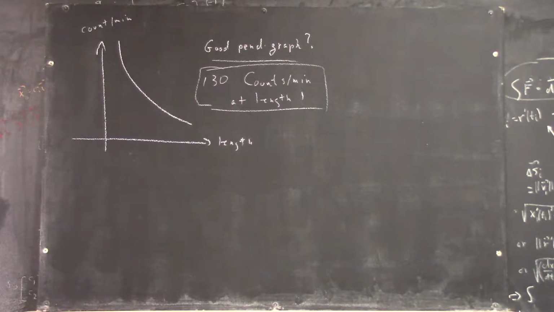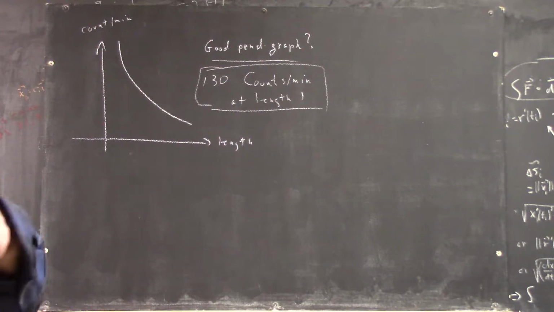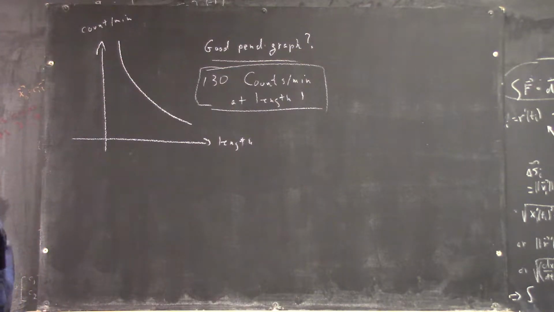Well, now I can label this graph. Okay? I can put 130 on the y-axis and 1 on the x-axis, right? Of course, I can't put them just anywhere. I've got to put them so that the point 130 lies on the graph, right?